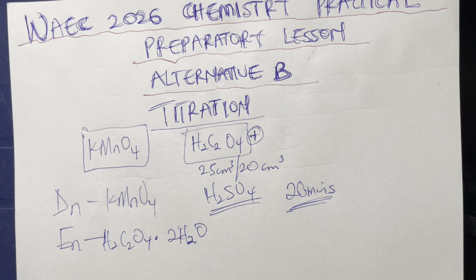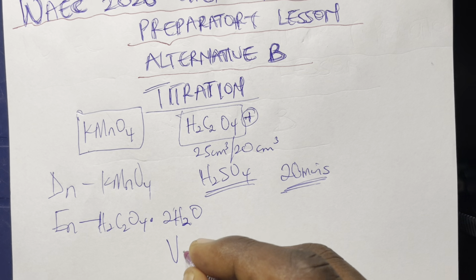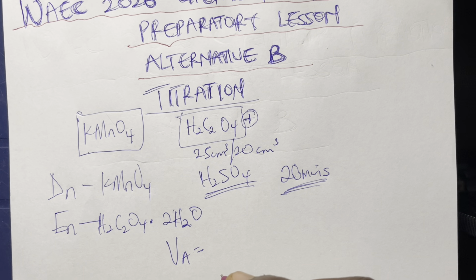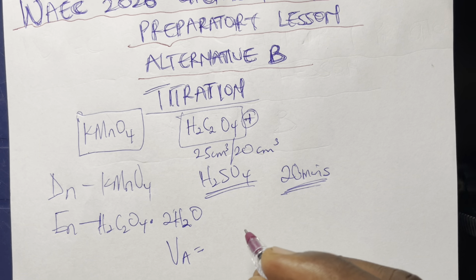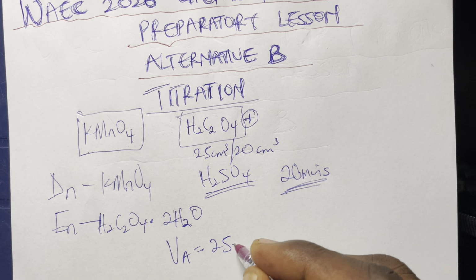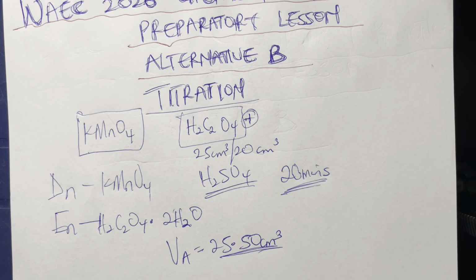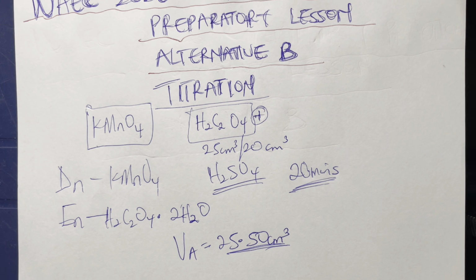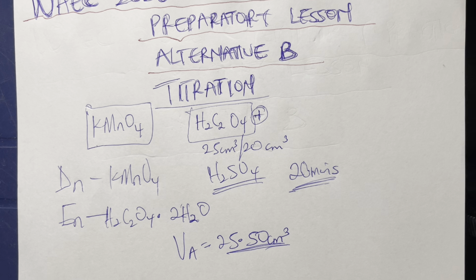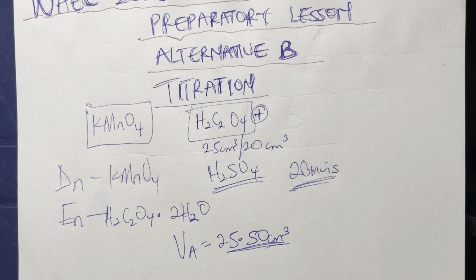Now after I run the titration, the average volume of A used is actually 25.50 cm3. So depending on what your teacher used for you, depending on the titre value for your teacher, that's the best thing to use.